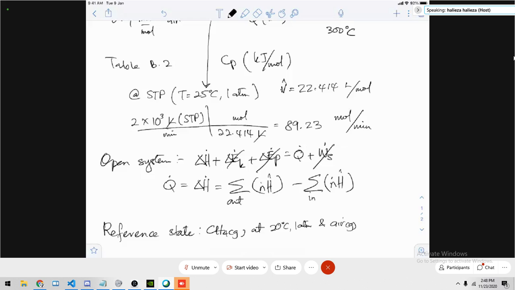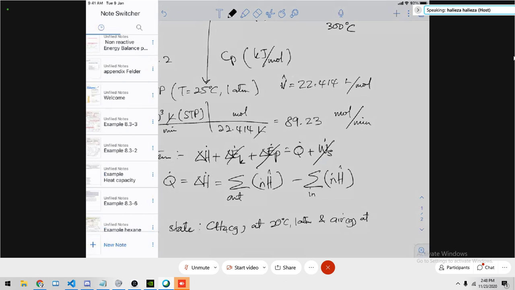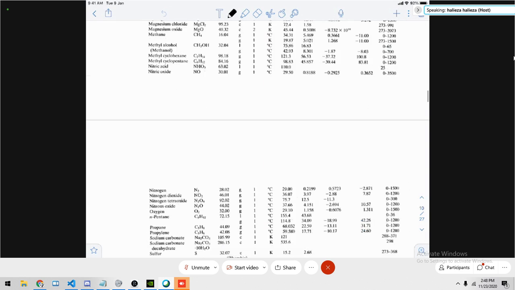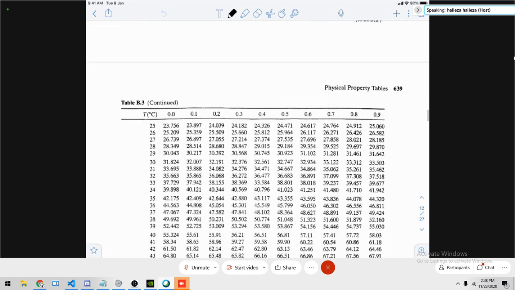Why? Because you can easily get your enthalpy from appendix B8. So looking at that appendix, you're going to use the same as that of B8.